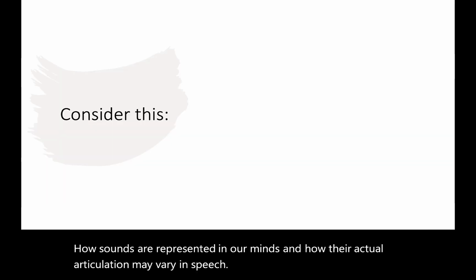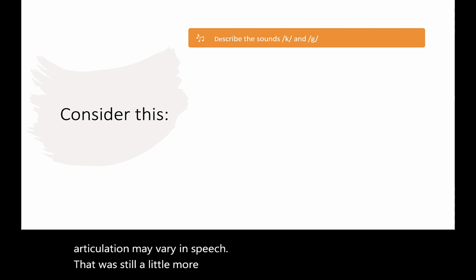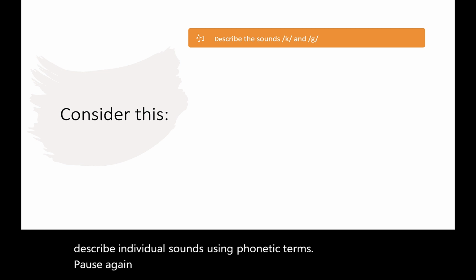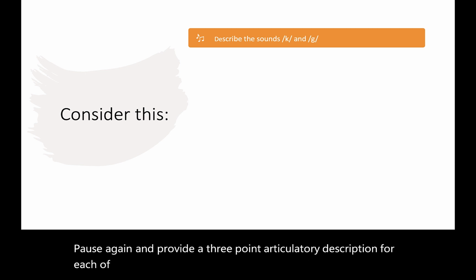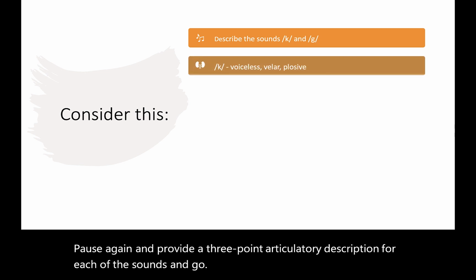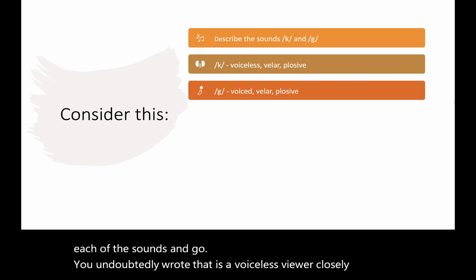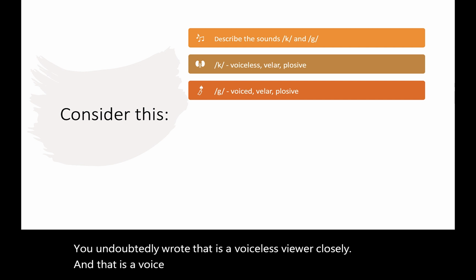Now let's do a little more exploration. You already know how to describe individual sounds using phonetic terms. Pause again and provide a 3-point articulatory description for each of the sounds K and G. You undoubtedly wrote that K is a voiceless velar plosive and G is a voiced velar plosive.